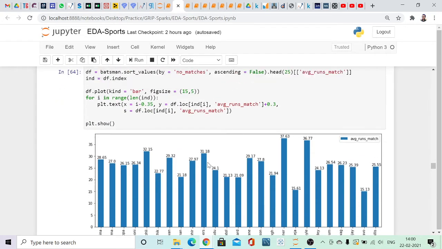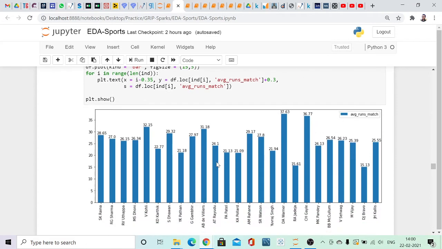Now it's also important to see the average runs per match. So we can see here that the opening batsmen like David Warner, Chris Gayle, or the top order batsmen like Kohli, De Villiers have relatively higher average because they get to bat in more number of matches.